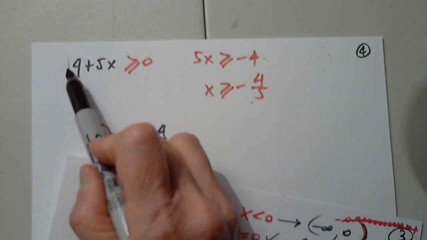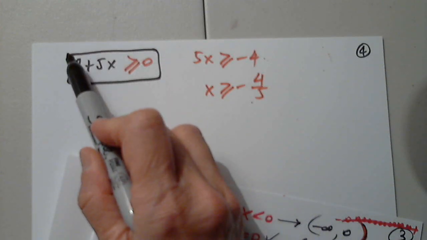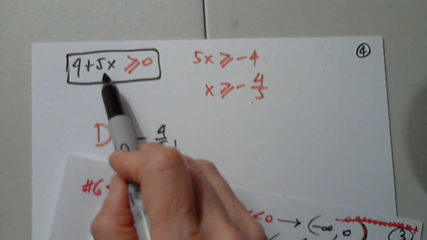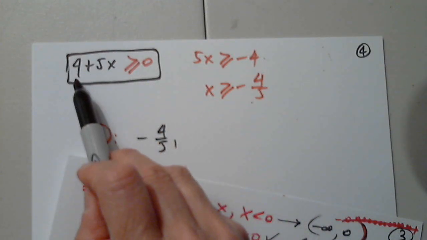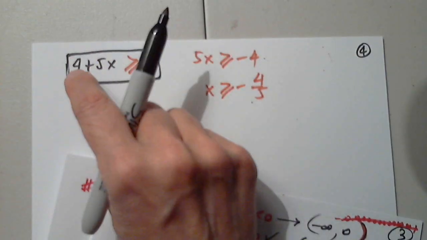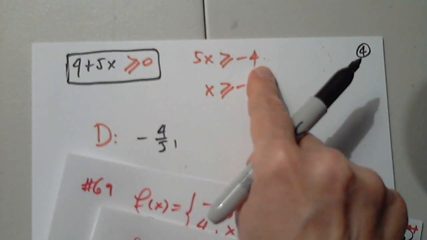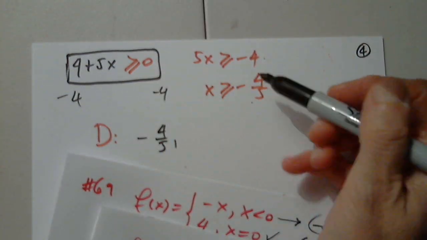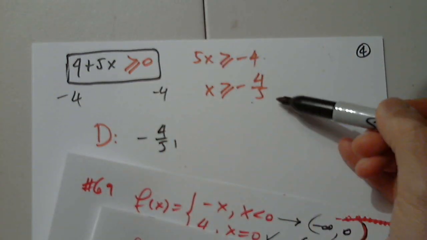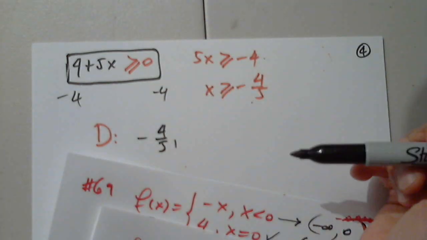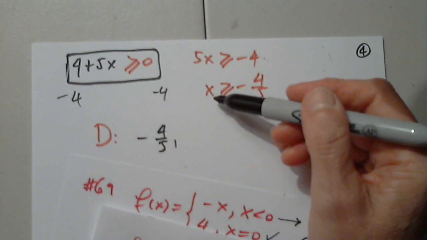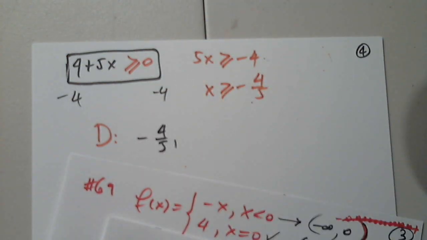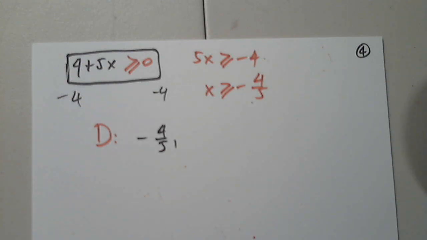In order to solve this inequality, I have to separate the terms with variable from the terms without the variable. This is positive, so I have to move it to the other side, or you can say you subtract. Same thing. And then you have to divide both sides by 5 because you are trying to solve for x. X gives us the domain. Okay, thank you very much.